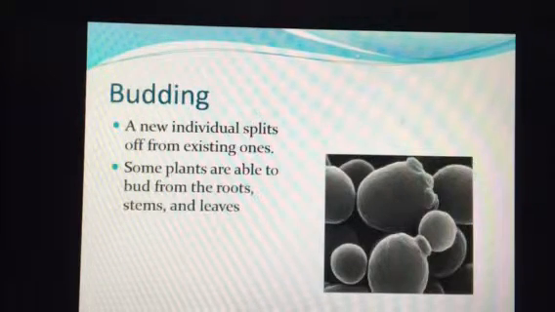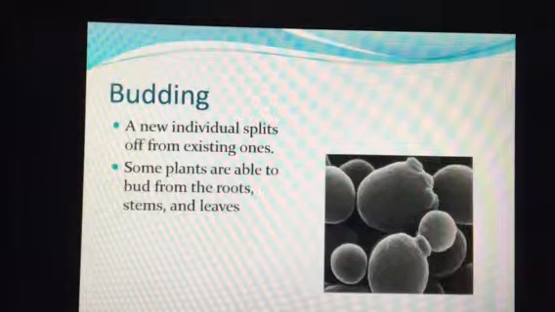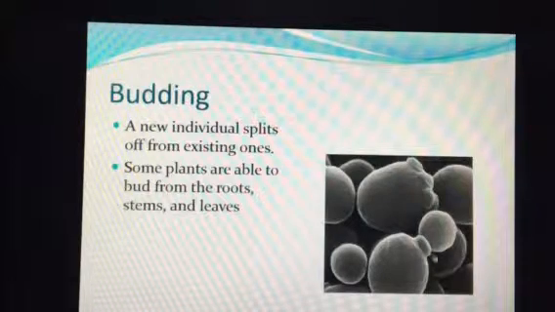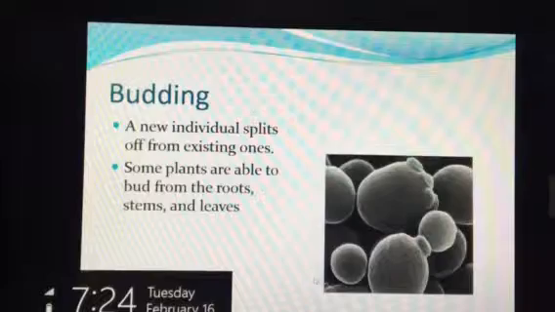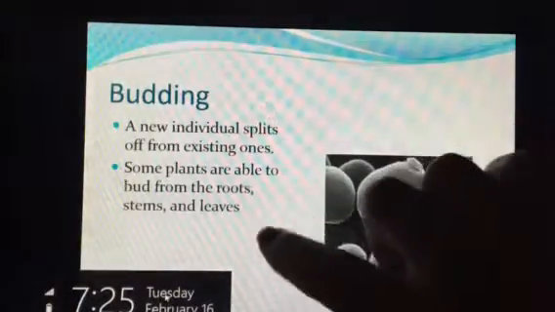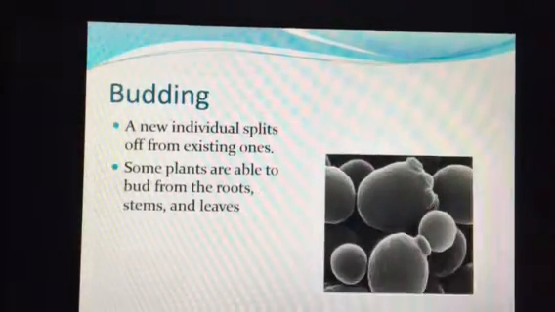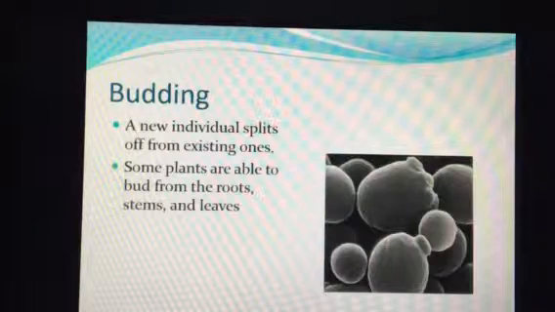And so with this, you can see right here, this portion is going to form a new yeast cell, because this is yeast. This will form a new little yeast cell, but it will be much smaller than the original.